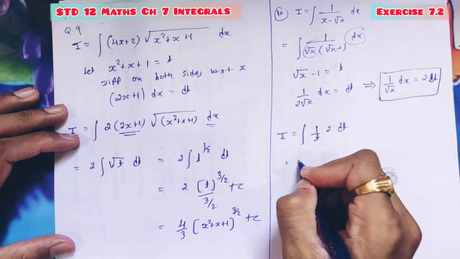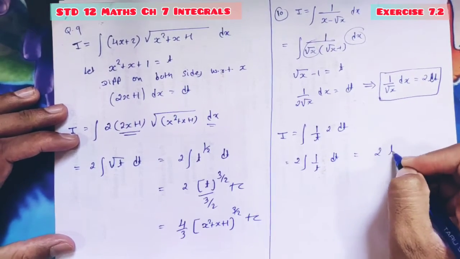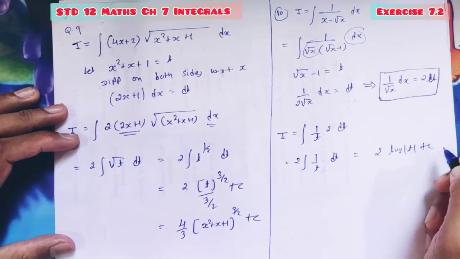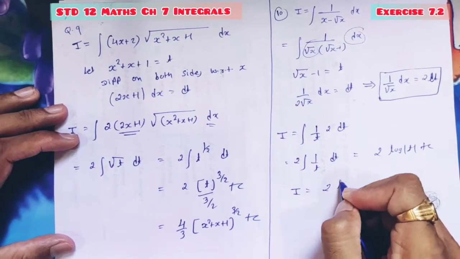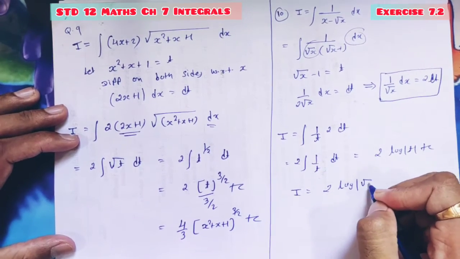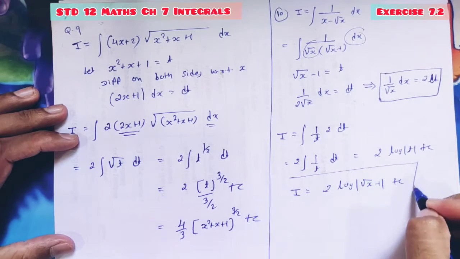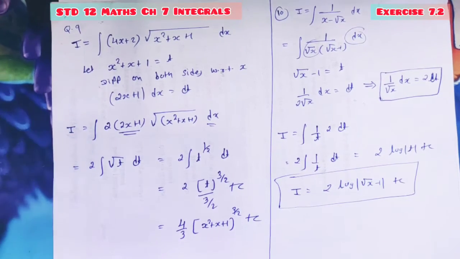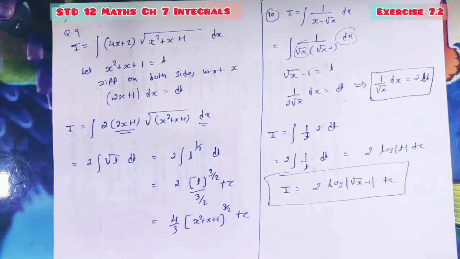So 2 constant, 1 upon t dt, this is equal to 2 log mod t plus c. So integration I equal to 2 log mod t, where t is root x minus 1, plus c. Clear, friends? So this is how you can solve your question number 10. Now question number 11.